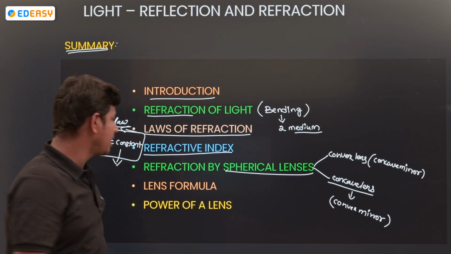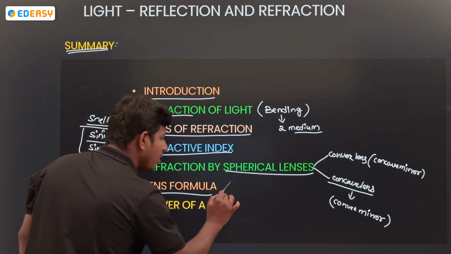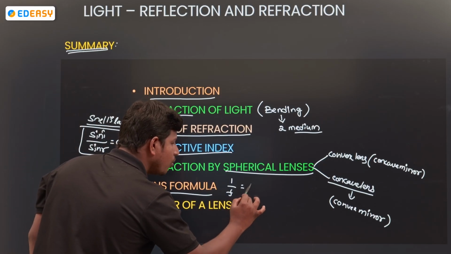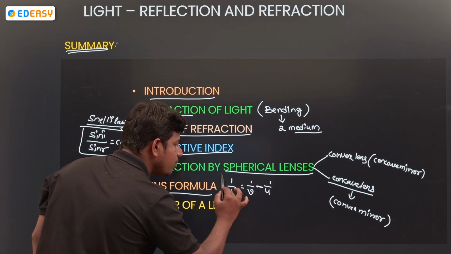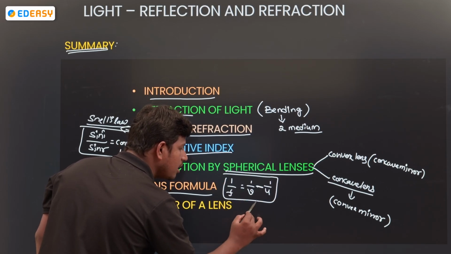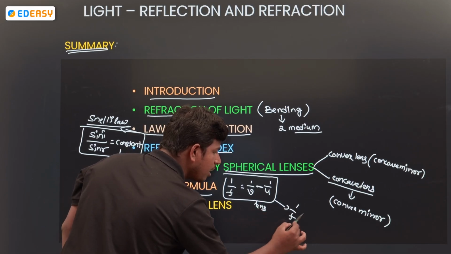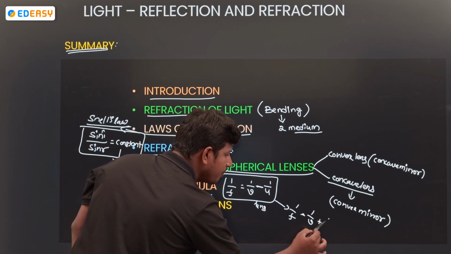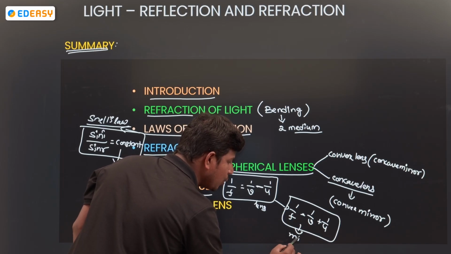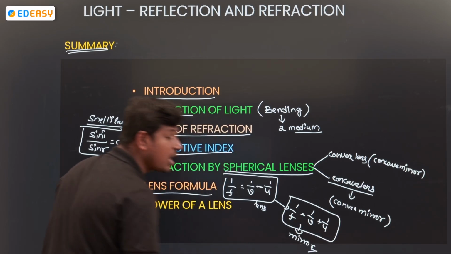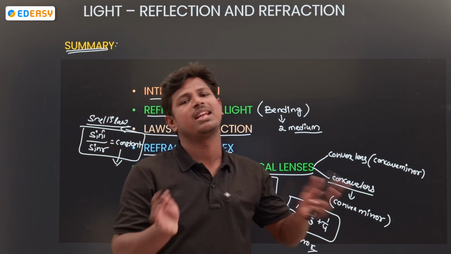Next, lens formula: 1 by f is equal to 1 by v minus 1 by u. For a mirror, plus will come. Don't confuse: for a mirror plus will come, for a lens minus will come.